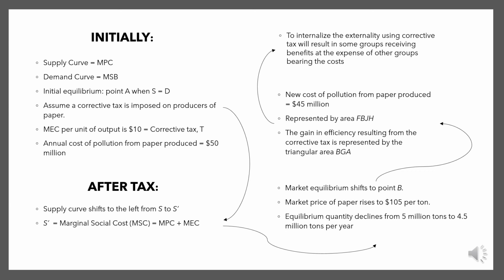After the corrective tax is imposed, the supply curve will shift to the left from S to S prime. S prime represents marginal social cost, MSC, equal to MPC plus MEC.